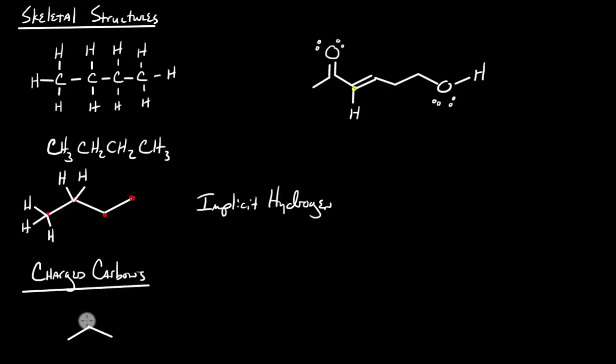If we have this carbon in the center, and let's just say it has a positive charge, what really is being said here is that in order to have its positive charge, we had to get rid of a hydrogen. So really the way we would draw this out explicitly is we would draw that center carbon, we would have one hydrogen right here, and we would have a positive charge. So what's really happening is that one of this carbon's hydrogens has been replaced by that positive.